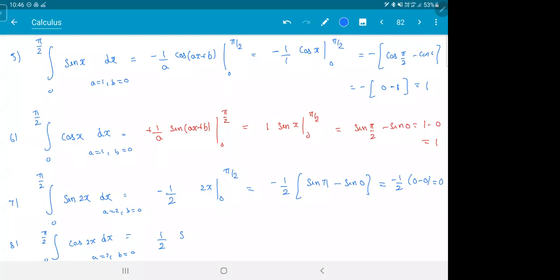That's cos 2x. Cos pi minus cos 0. Cos 180 is how much? Minus 1. You should remember all the values from 0 to 180. So that is minus half into minus 2. That's 1.